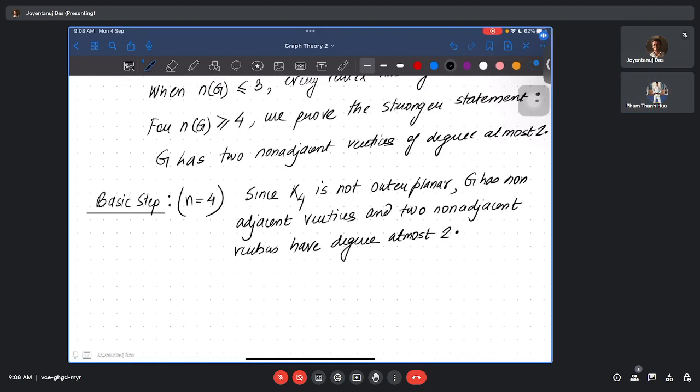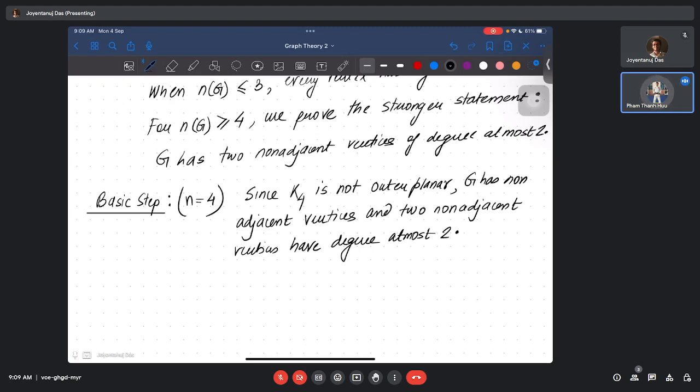So since G is outer planar and G is not K4, G has non-adjacent vertices, right?